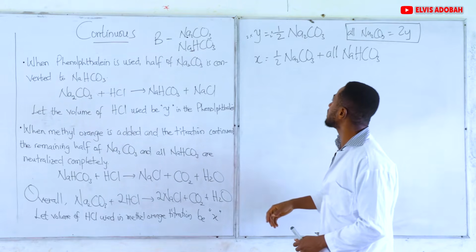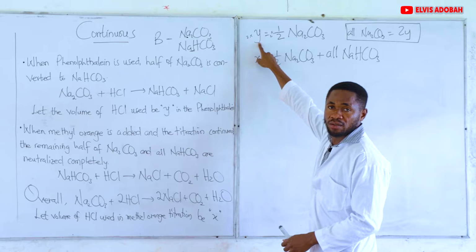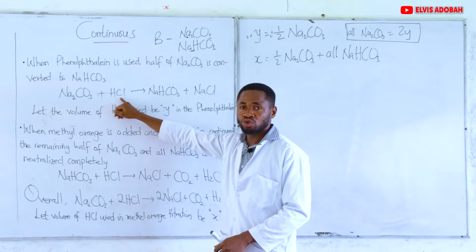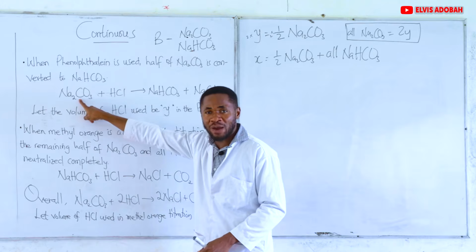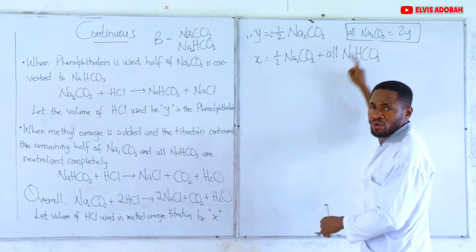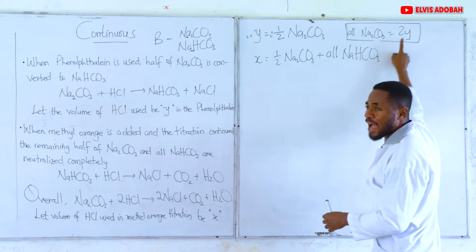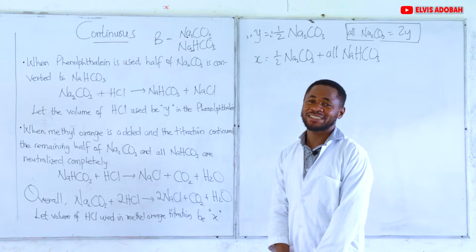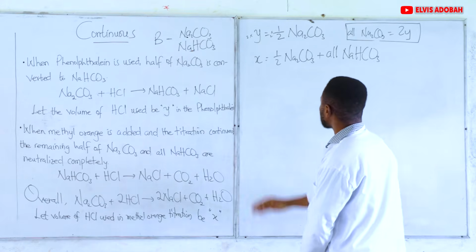So if we need just Y centimeters cube of HCl to neutralize half of sodium carbonate, then to neutralize all sodium carbonate, we will need how many? 2 times Y. Very simple math. Then let's look at this one.